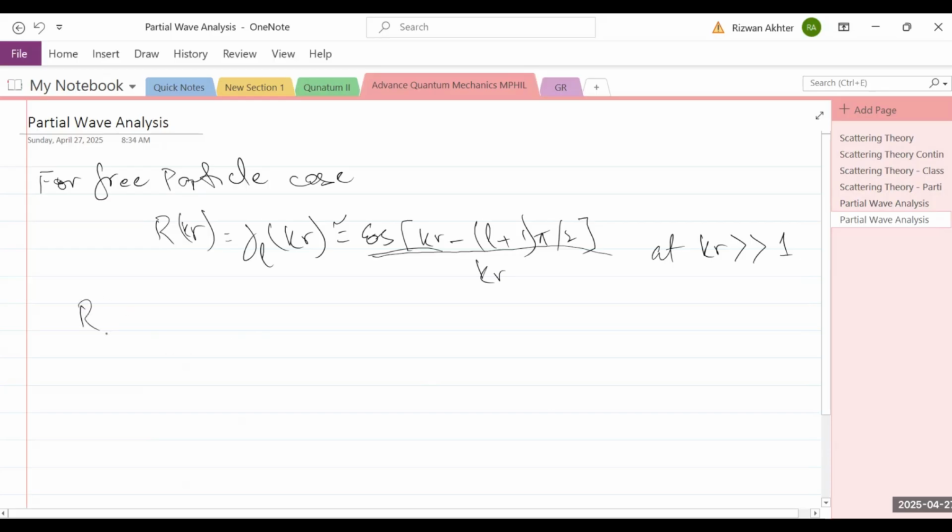Then we could basically simplify. So this is r, which is equals to j sub l of kr, and then since this is cosine function, so we can write the exponential sort of function, cos of this quantity. Yeah, and so now we can write this cos in the exponential form.